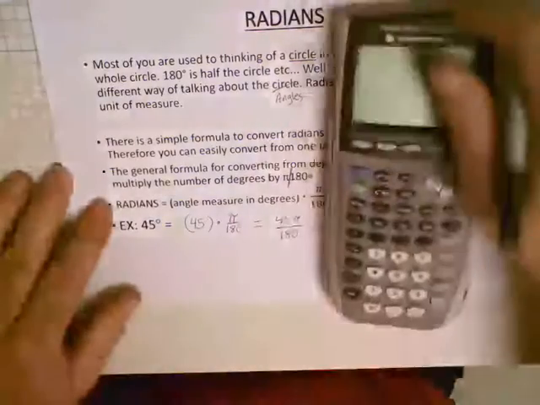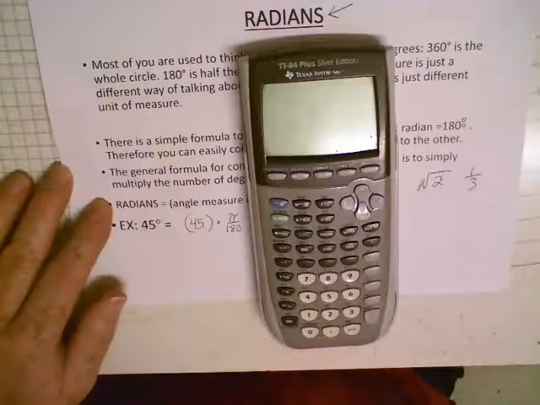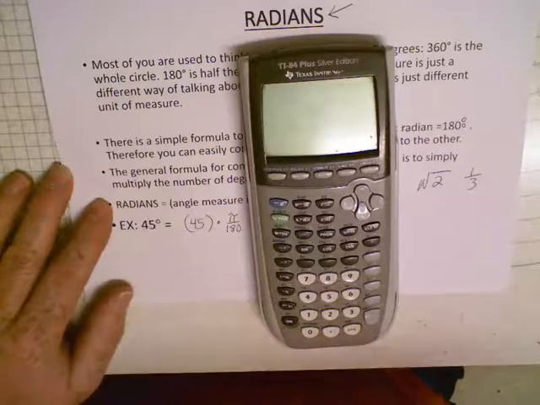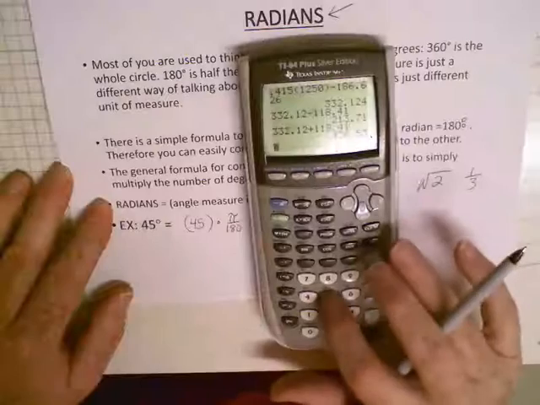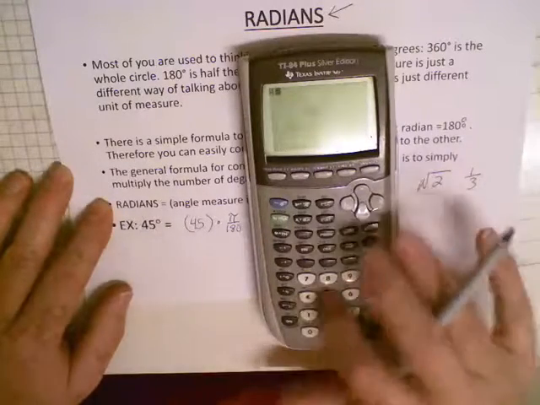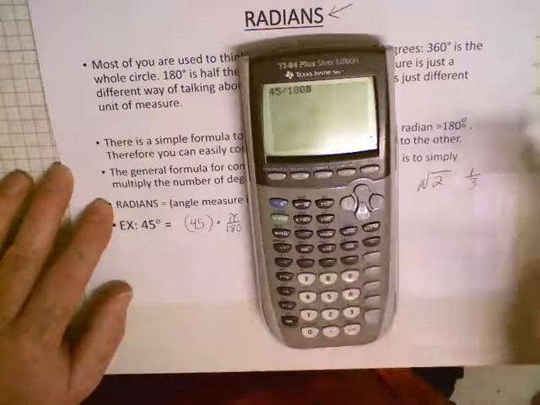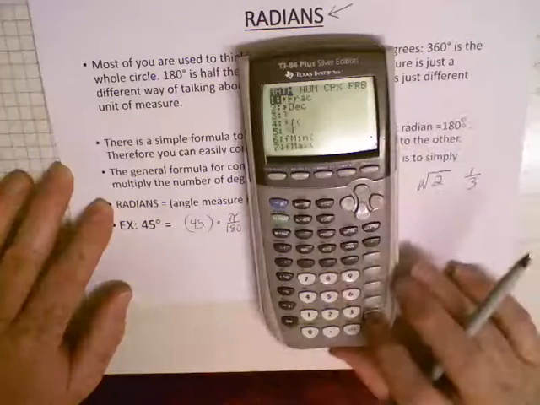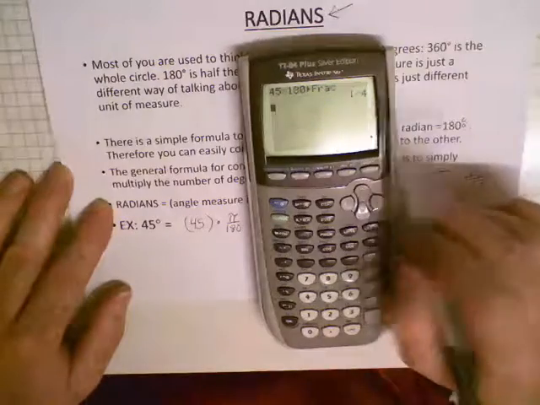So if you take your calculator, whichever calculator you have, if you have the smaller calculator, then you can use the ABC button. If I have the big calculator and I want to do 45 divided by 180, but I want to leave it as a fraction, not as a decimal, but as a fraction, I hit the math button, first one says fraction, hit enter, and it tells me 1 over 4.